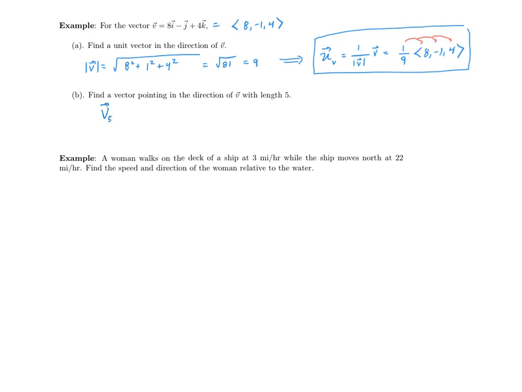You don't have to call it that, but this would be the scalar 5 times that unit vector in the direction of v. So this would be 5/9 times the vector <8, -1, 4>. And in general, if you'd like to find a vector of any length going in the direction of v, you just take that desired length and you multiply it by the unit vector in that direction.